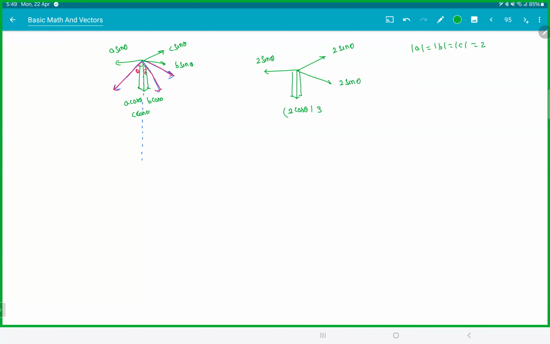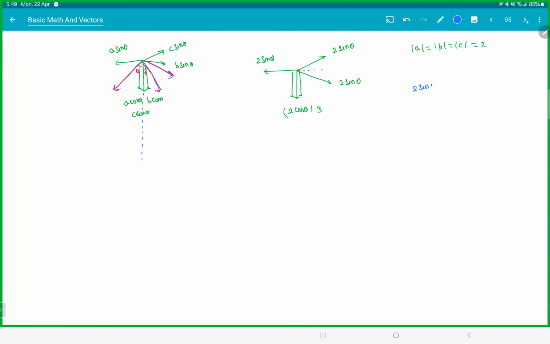Did you see what we did? The three vectors which I was showing you, I split them into three parts. I got three horizontal components and three vertical components. The 2 sine thetas cancel out, you can see by symmetry there.